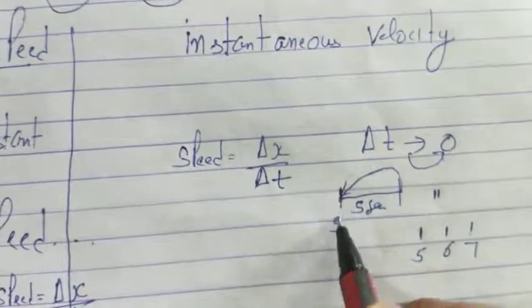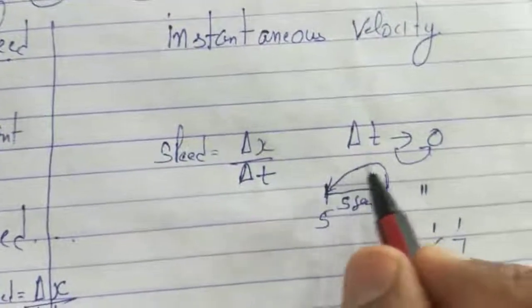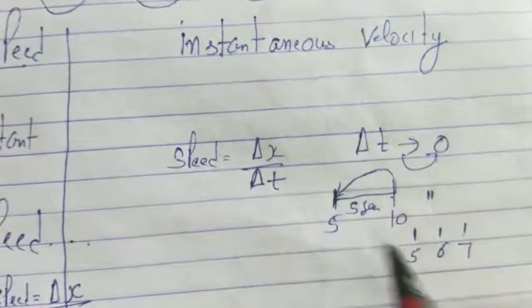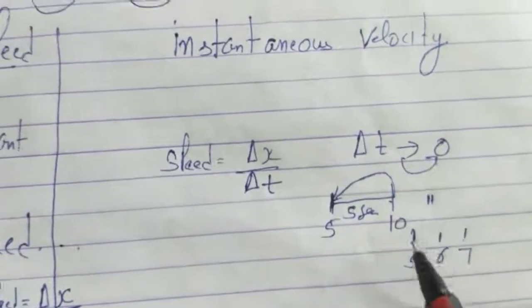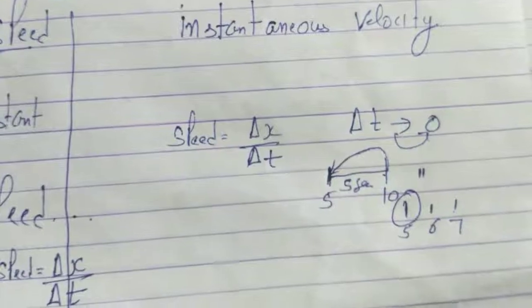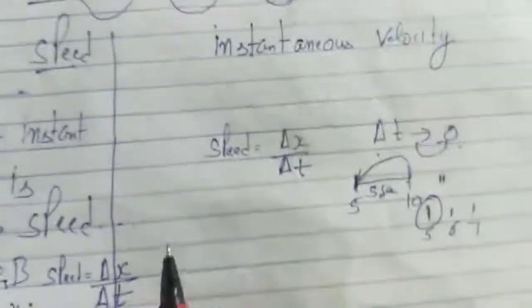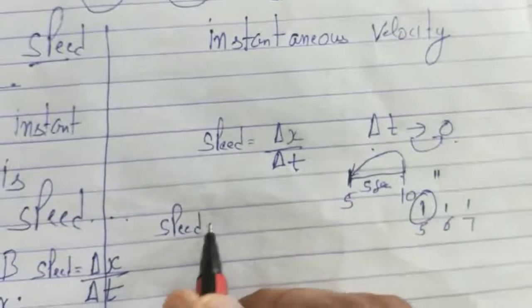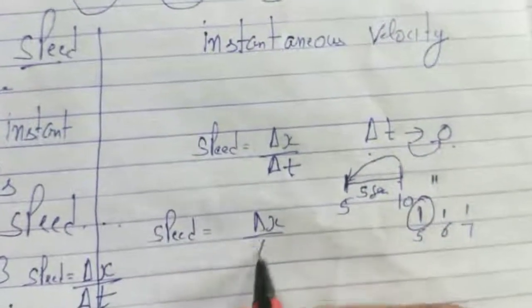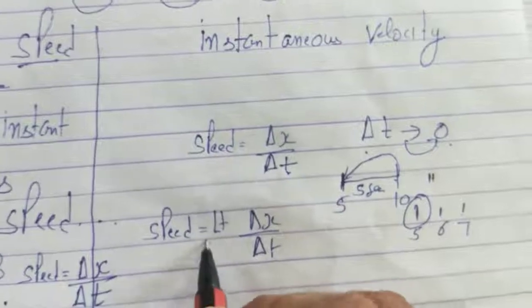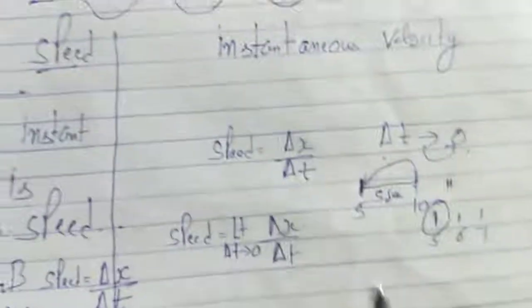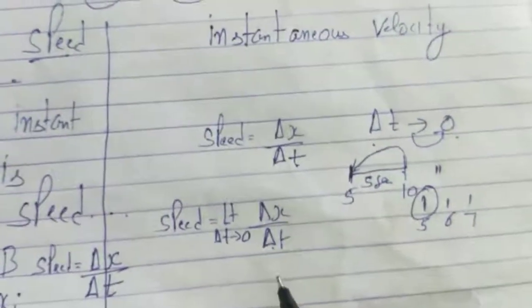Now it is having 5 to 10. When it is approximately near to 0, 10 will collide with 5 and only one value we will get. We will get a single instant of time. So speed is equal to delta x upon delta t, limit delta t tends to 0. So what will it become?